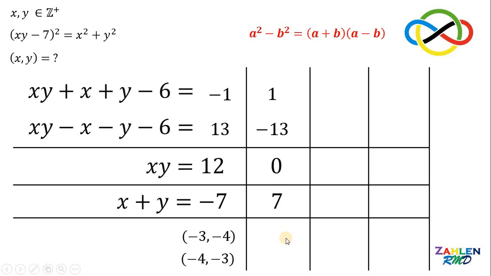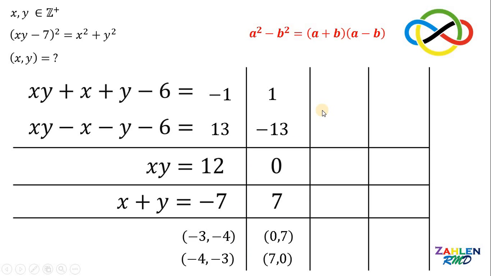Now clearly, the only possible values are: if x is 0, y must be 7, and if x is equal to 7, then y must be 0. Now this case is also not possible because x and y must be positive integers. Since 0 is not a positive integer, this case is not possible.